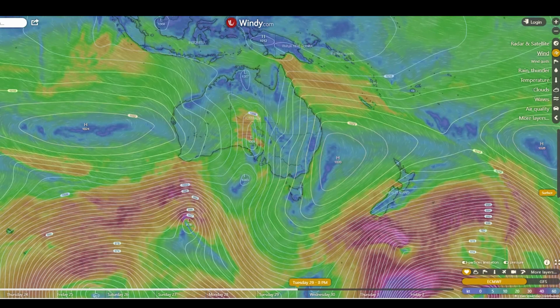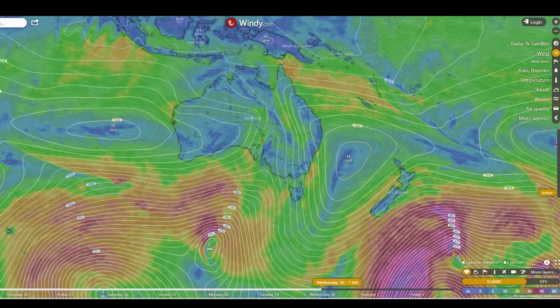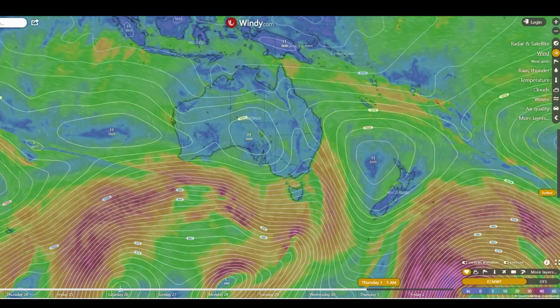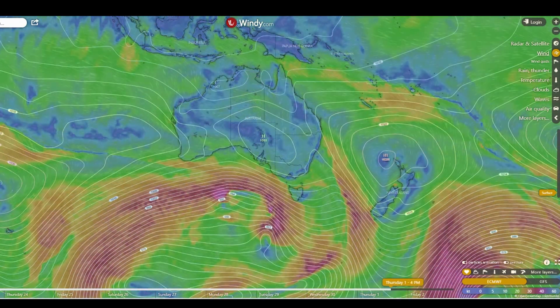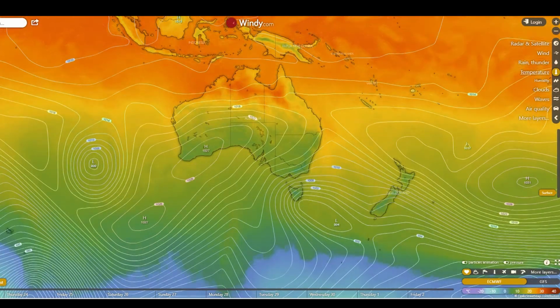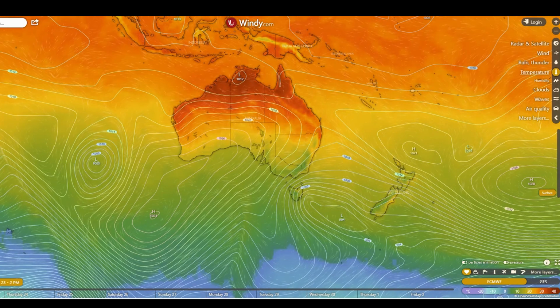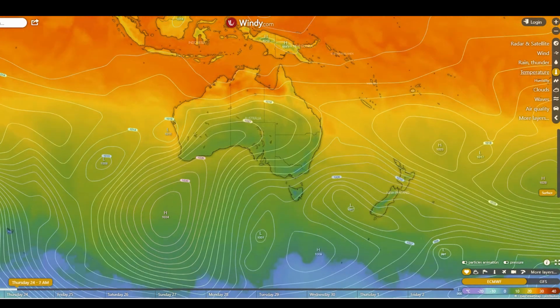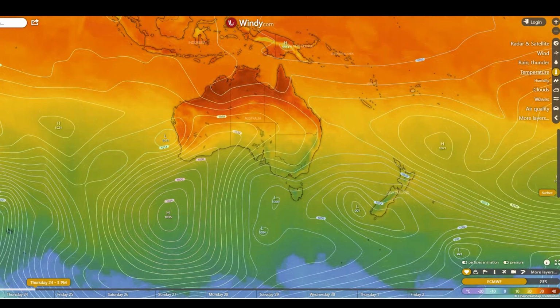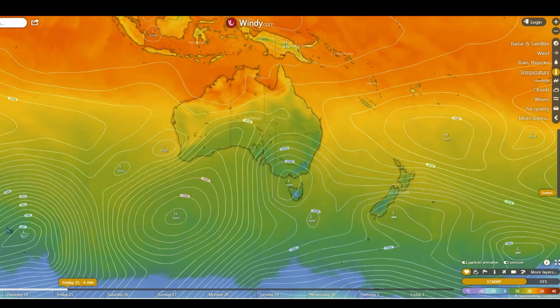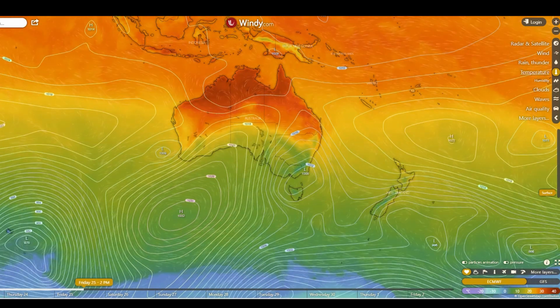And you can see that they are moving anti-clockwise around that high pressure cell, and they move clockwise into the low pressure cell. Now, if we relate that to air masses, let's change the colour from velocity of wind movement to temperature. Now we can see the temperature of the air, and you can see that the air that's moving from the south is cooler, and as it moves up over the continent, it gets warmer, and air moving from the north then is warmer.